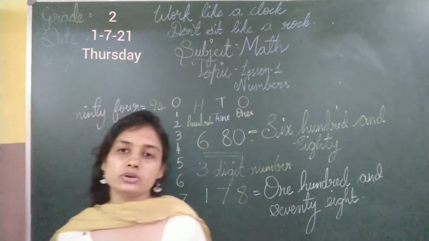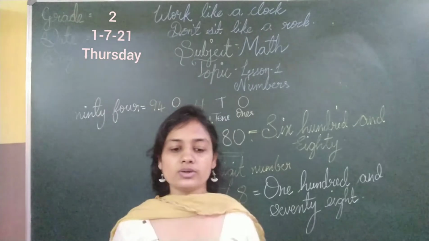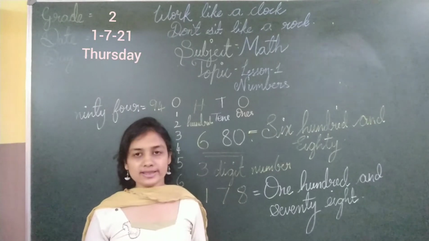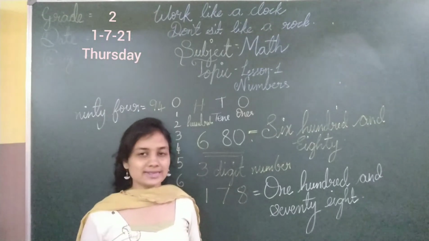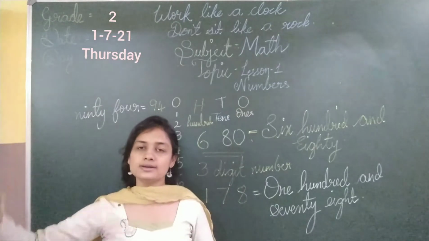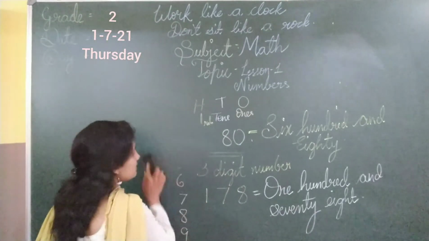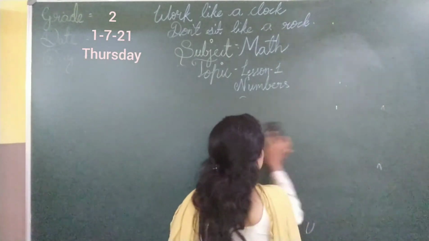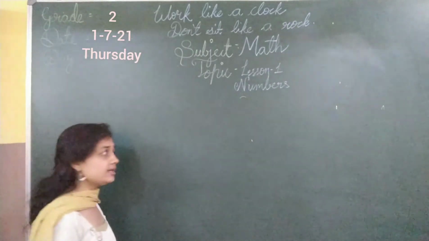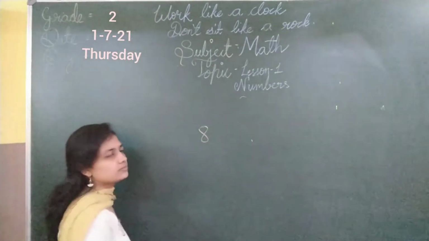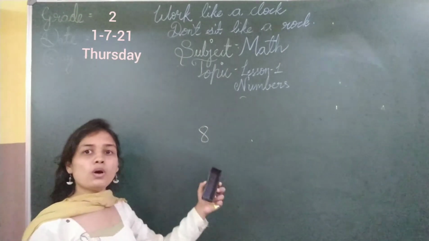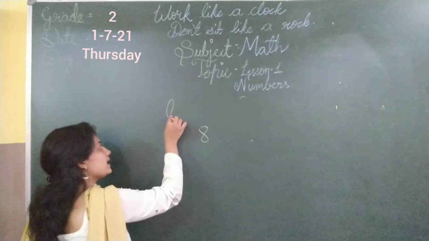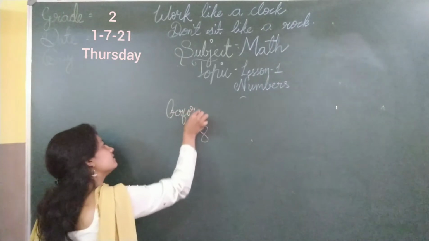Also, now the other important thing is we are going to learn what comes before the number and what comes after the number. So you all know telling the numbers like 1, 2, 3, 4, 5, 6, 7, 8 and so on. If I take any number in between, for example 8, what comes before 8?